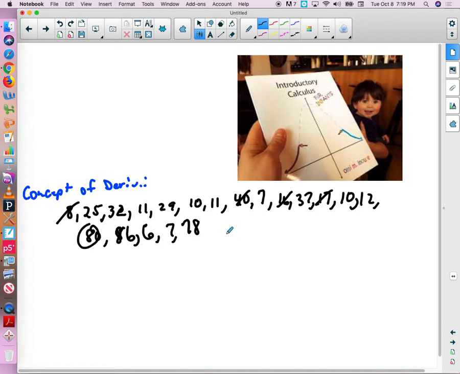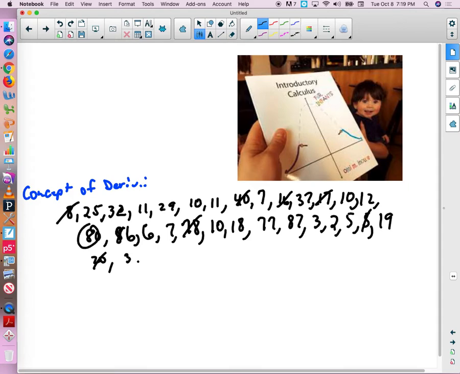All right, so 78 is no-go. 10, 18, 77, 87, 3, 2, 5. The next 5 don't do. 19, 20, 3, 7, 12, 40, 43, 45, and I think it ends at 21.